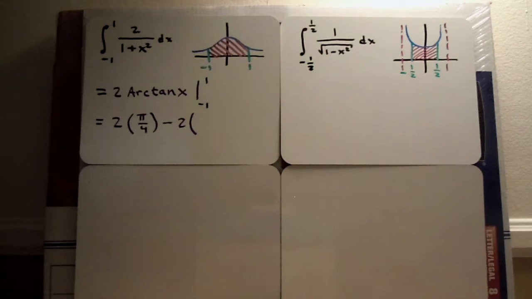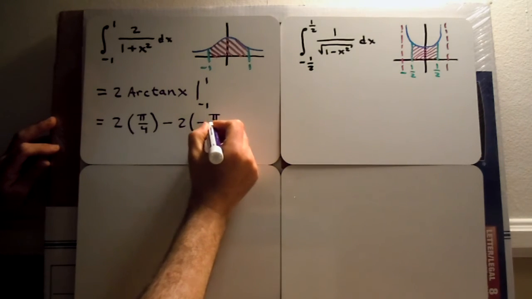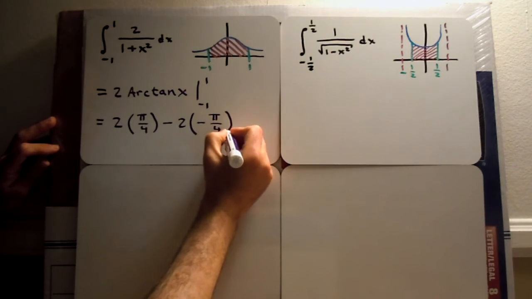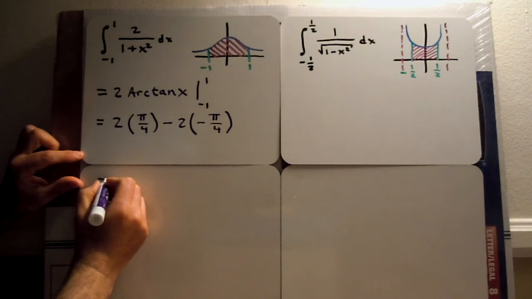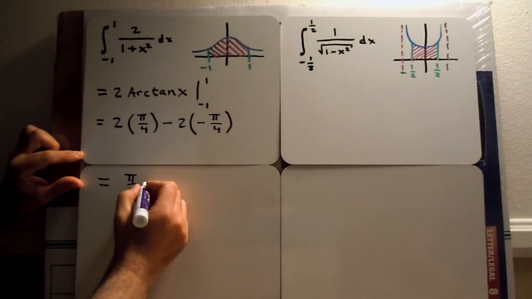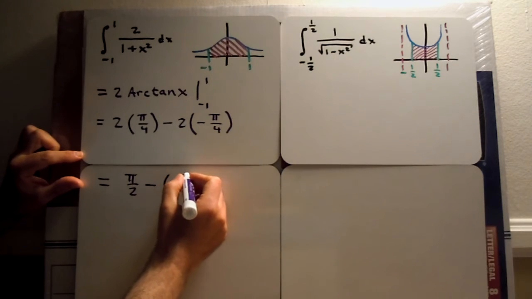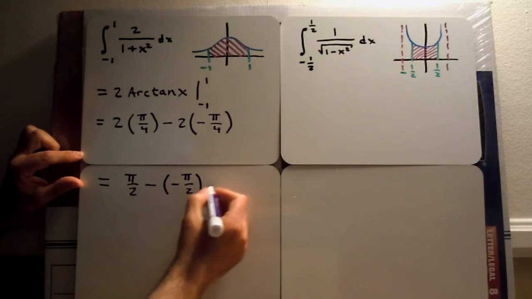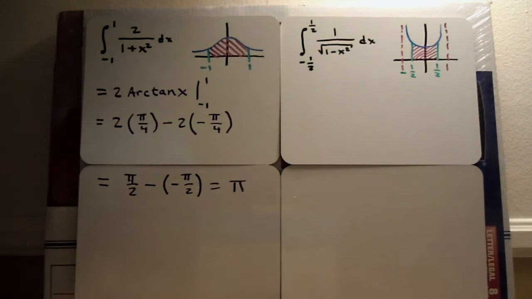In other words, the angle that has a tangent of negative 1, that's negative pi over 4. So we evaluate this and simplify. We get pi over 2 minus negative pi over 2. Our final answer is pi.